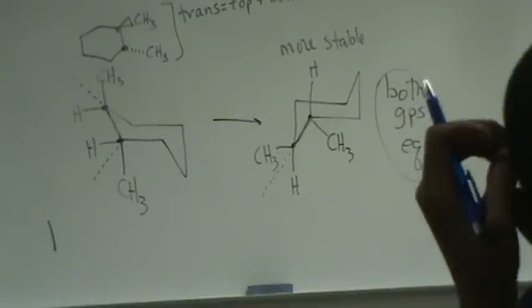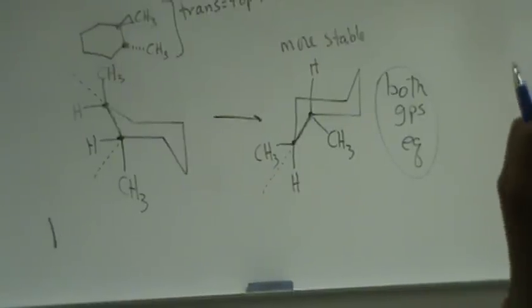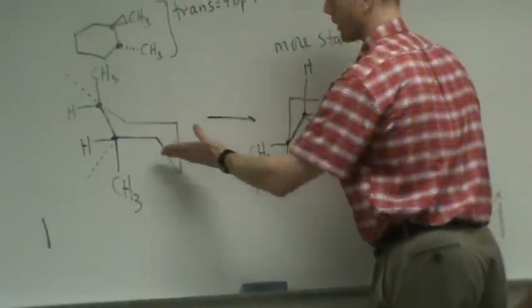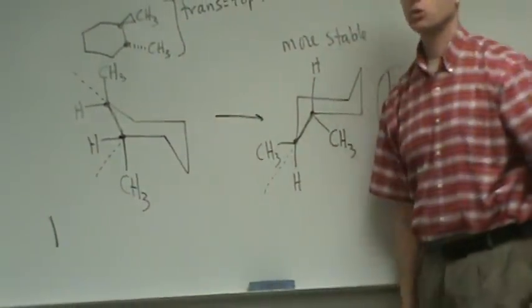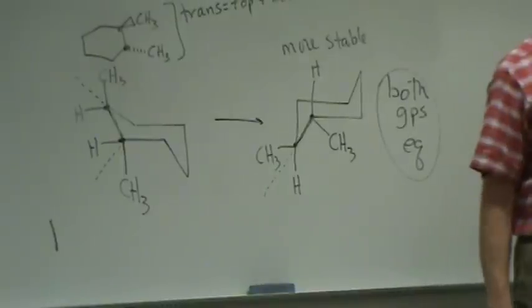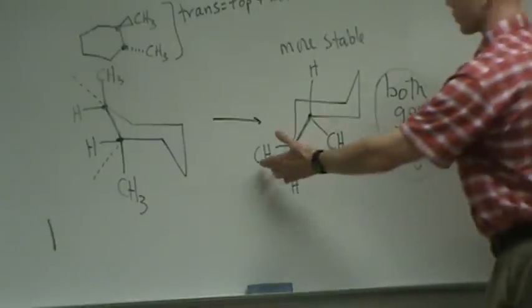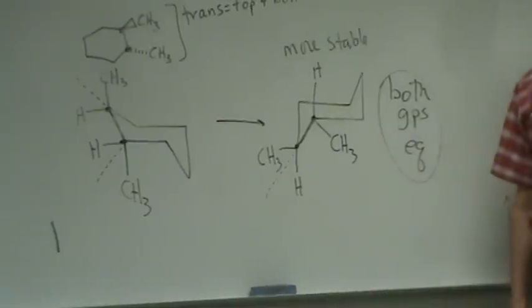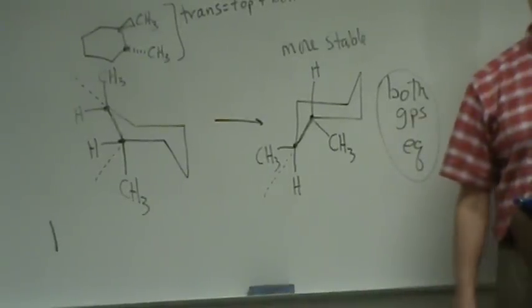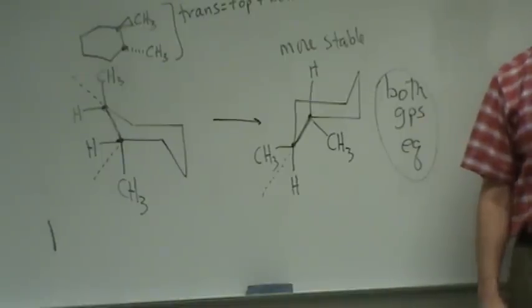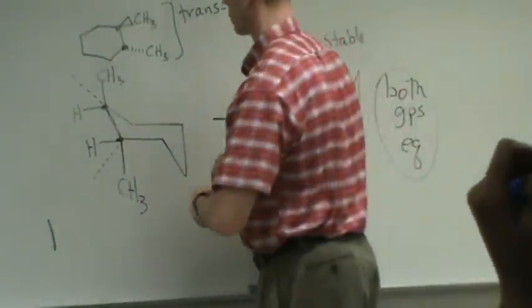Okay? So remember, axials are higher energy. Why? Because of the 1,3 diaxial strains with the hydrogens there. Okay? So the equatorials, I always want to choose those if I can. And here, it gives me both equatorials. So that's an easy choice as to which one's more stable. These are both axial.